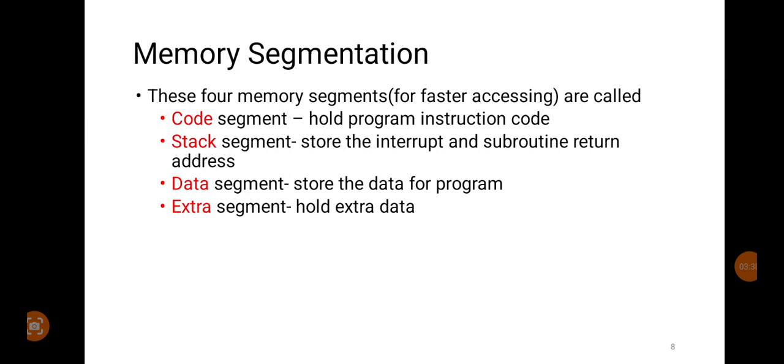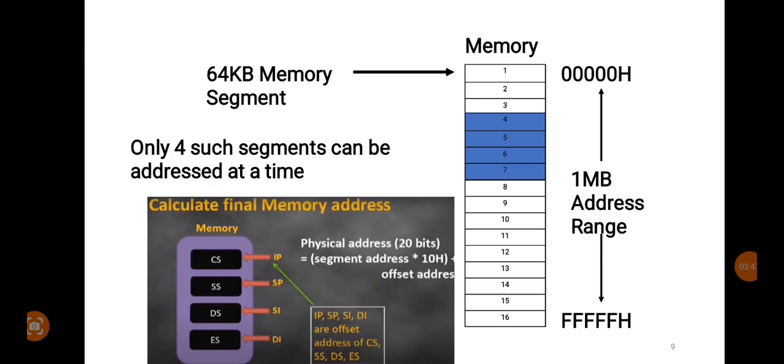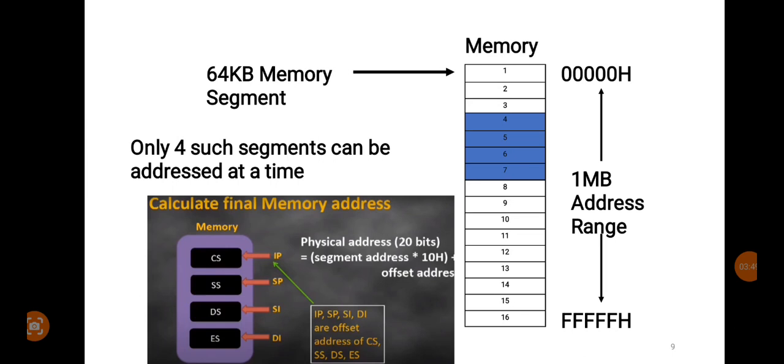Data segment, where the data will be stored, and extra segment, where extra data will be held. The entire memory of 1 megabyte is divided into 64K memory segments. In that, only 4 segments, we call them code, stack, data, extra, are used for memory.